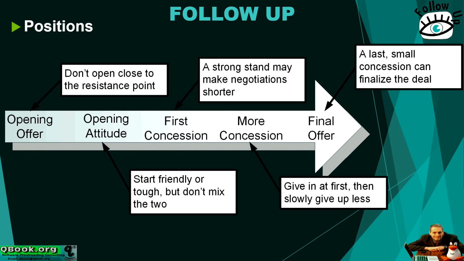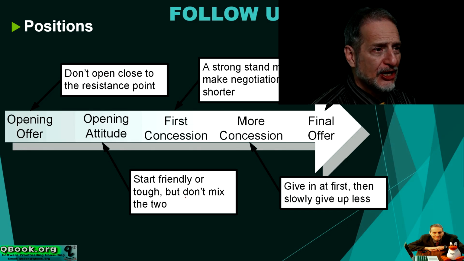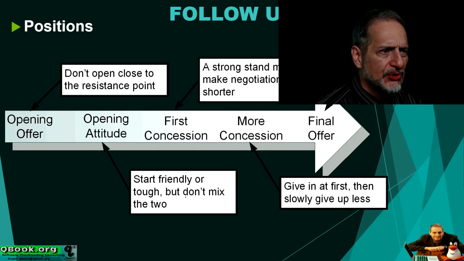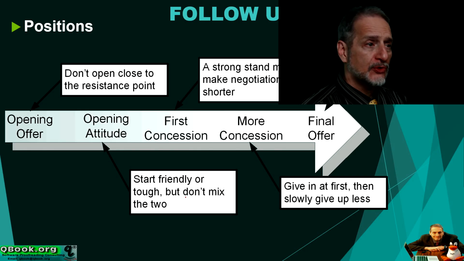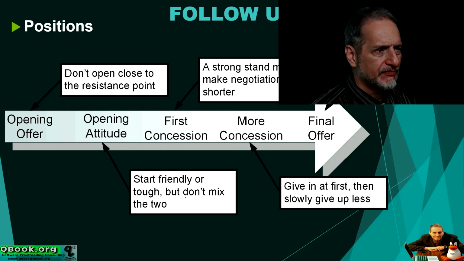You can have a little bit of both. You could be mostly friendly or mostly tough. You can't be half tough and half friendly because the other side will be confused. That would be very strange.